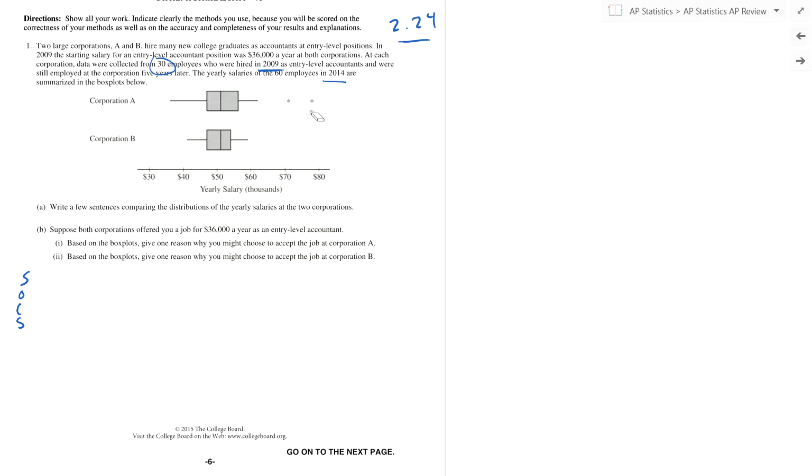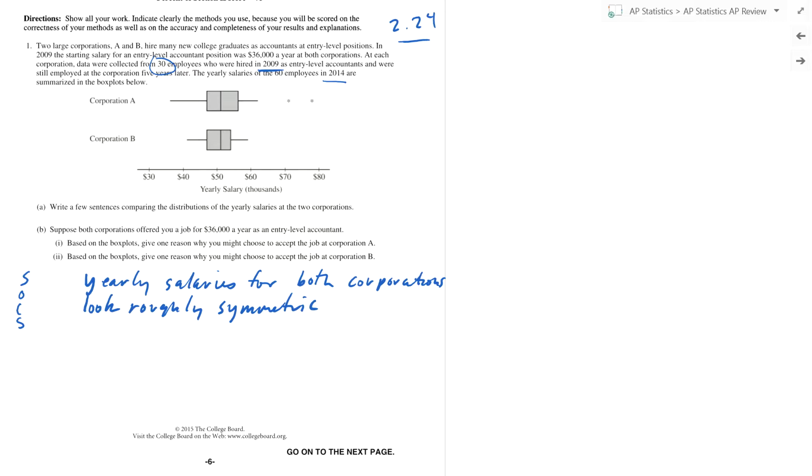So, salaries, and you always want to put it in context: yearly salaries for both corporations look roughly symmetric.